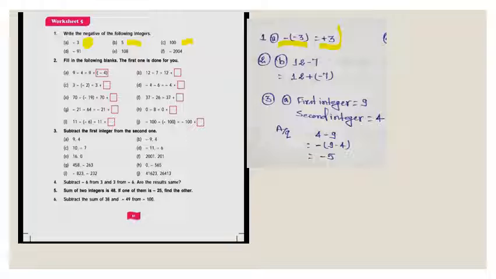fill in the following blanks. The first one is done for you. The first one, number A, is given to you, and on the basis of it and on the basis of the operations of integers, you have to solve the given questions. Like question B, 12 minus 7.